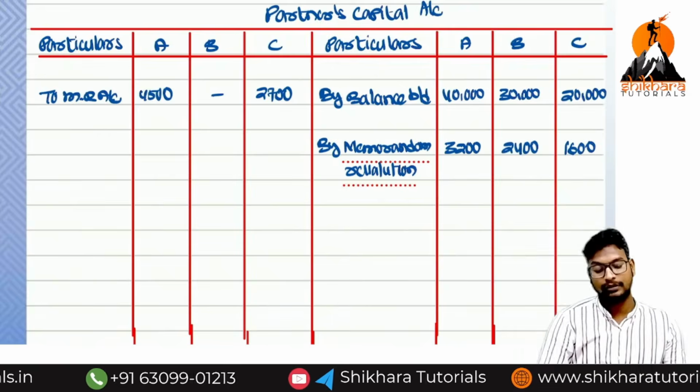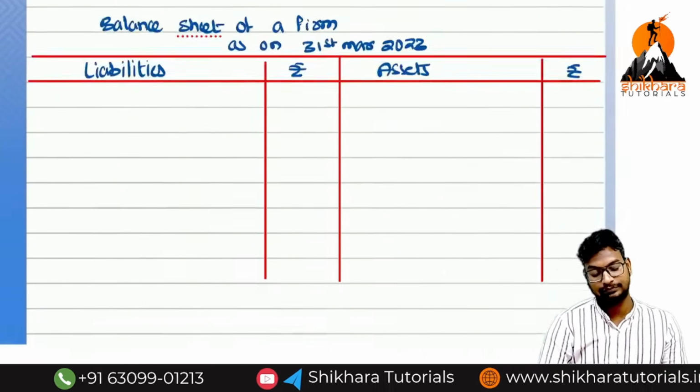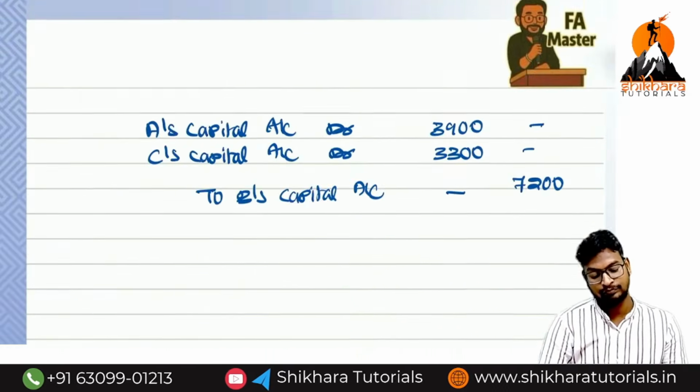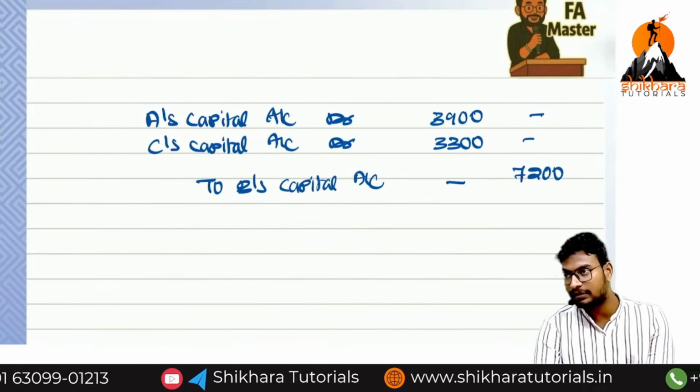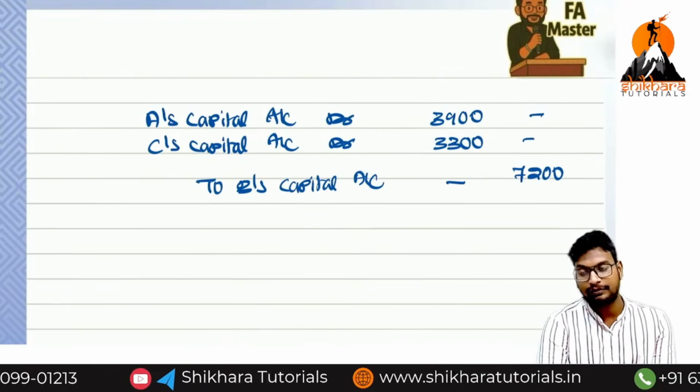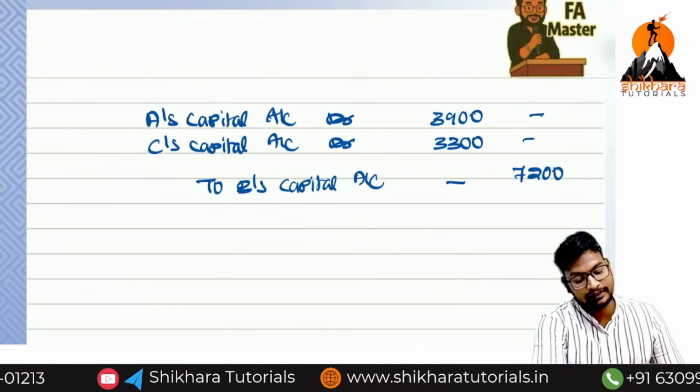So next we have entered one entry. Which entry, Amma? In A's capital account, debit side, and in B's capital account also debit side.